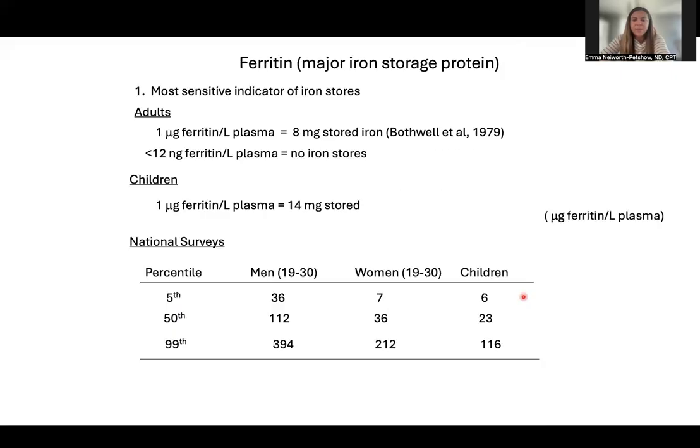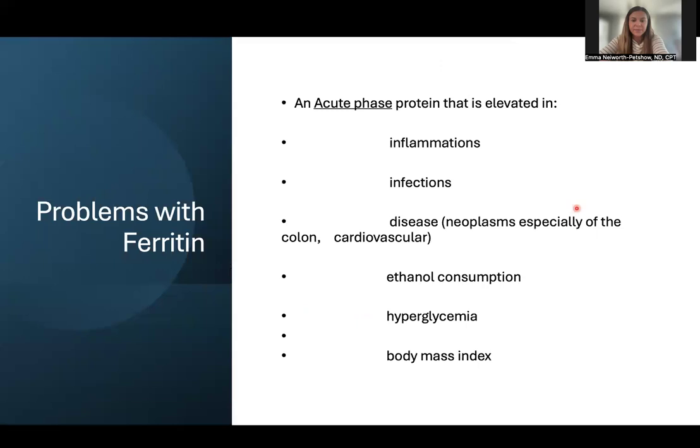Just for context, we consider a ferritin below 30 to be deficient or insufficient in adults. Anything above 30 we would consider not deficiency, but we would want to still optimize that ferritin value higher than that, to around 50 to 60 ideally. That's when people start to feel better from an iron deficiency state.